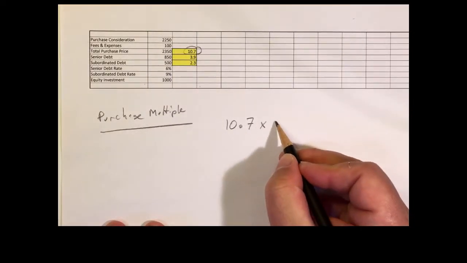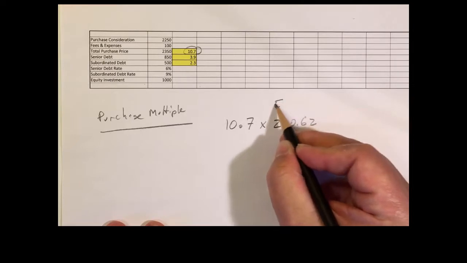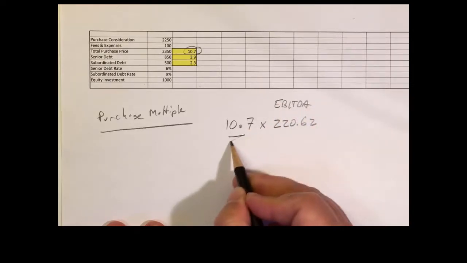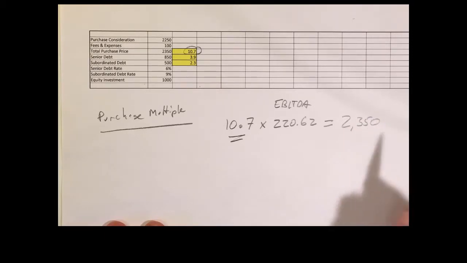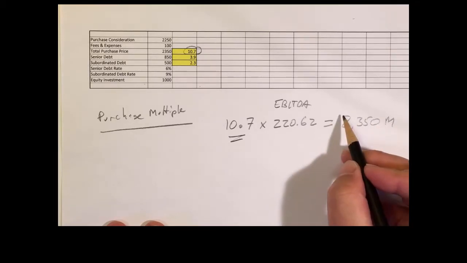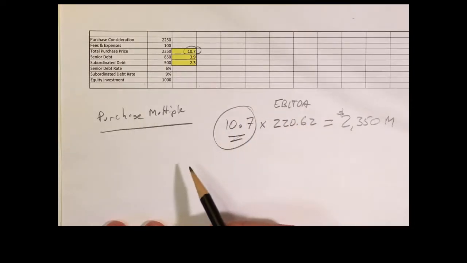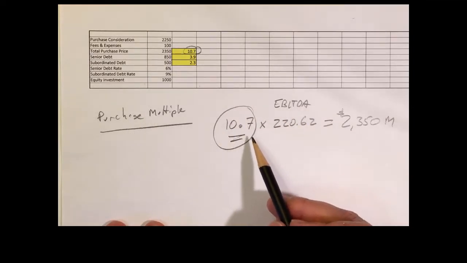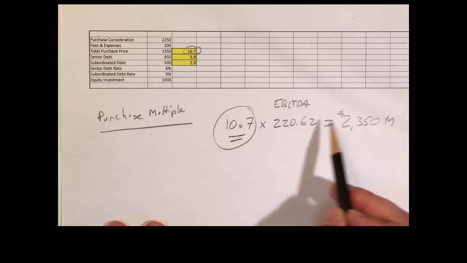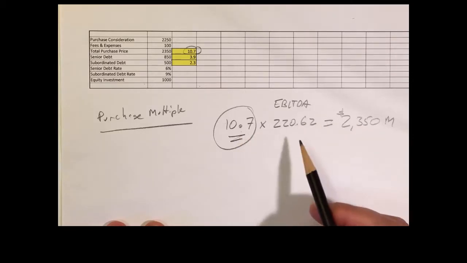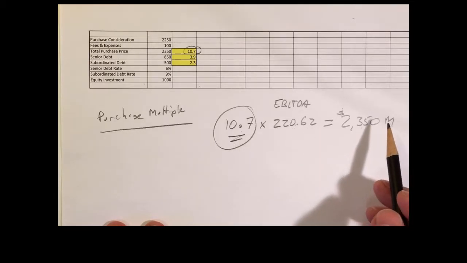So what number would you multiply that number by, EBITDA, in order to get the total cost of the deal? Right? So our purchase multiple, our entry multiple, also sometimes called, in this case, is 10.7. Right? And simply, this number divided by this number means 10.7, or said differently, we are paying 10.7 times projected EBITDA for this business. Right?